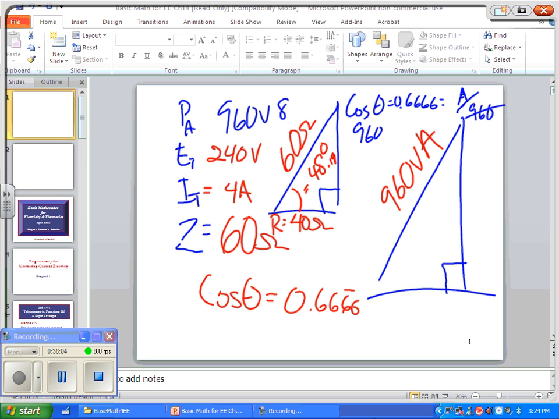We'll get 960 times 0.666 is equal to A. So if you just find a function that has what you have and what you're looking for, that's the function you're looking for, right? And then start plugging in things you know and finding things out. And then find another place where you can find something you need and something you have. Pretty simple, right? Okay.